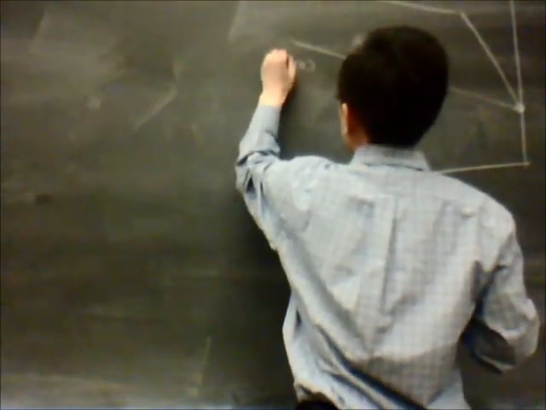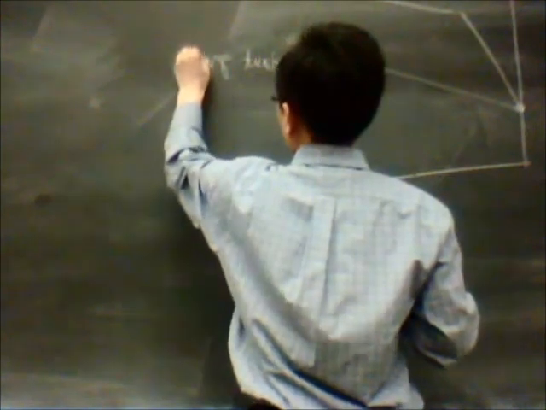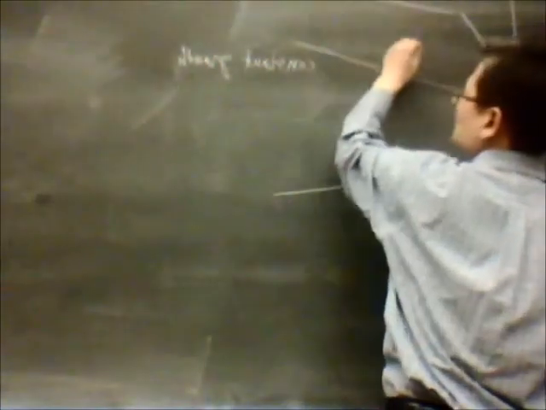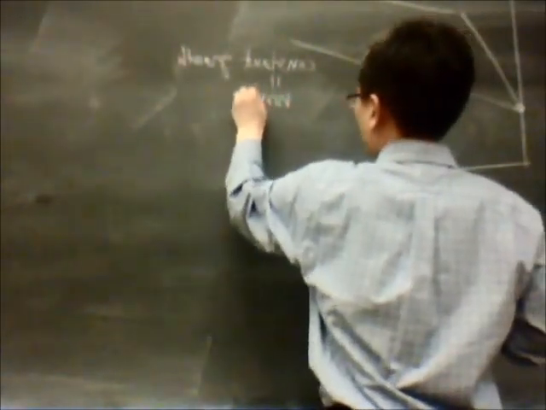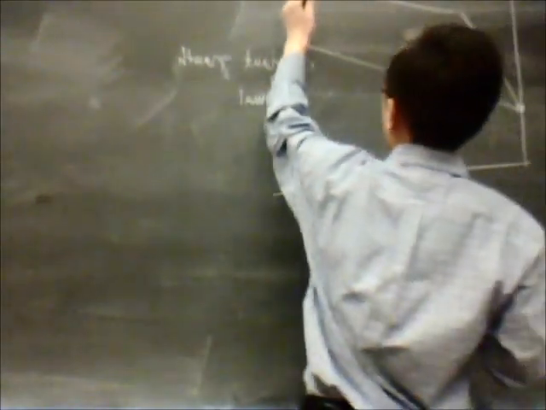This is the constant growth model. This one is non-constant. This one is normal growth, and this is non-normal growth, abnormal growth.